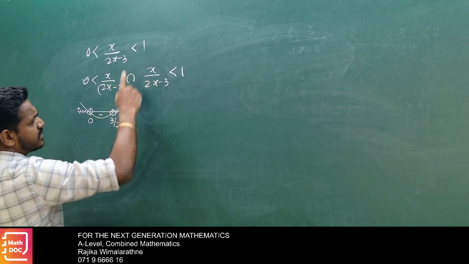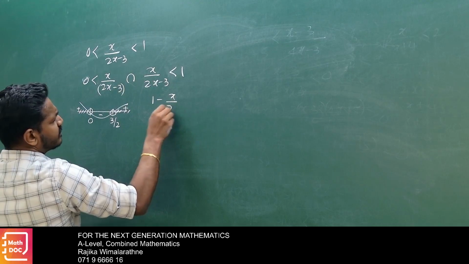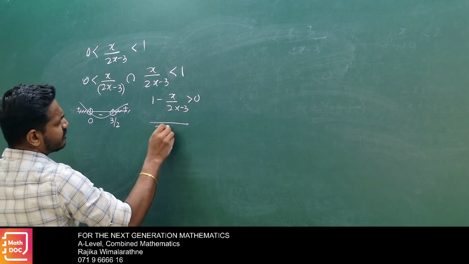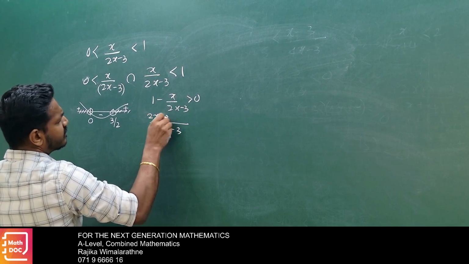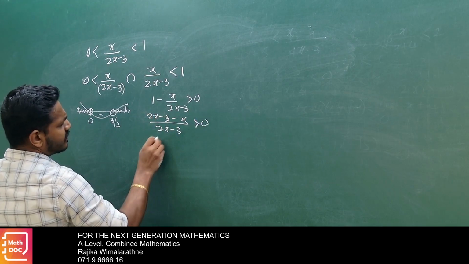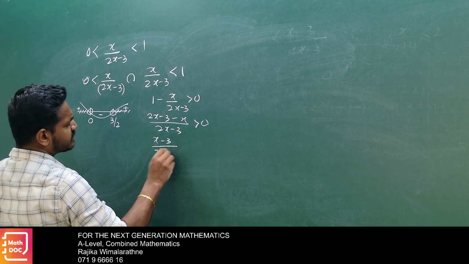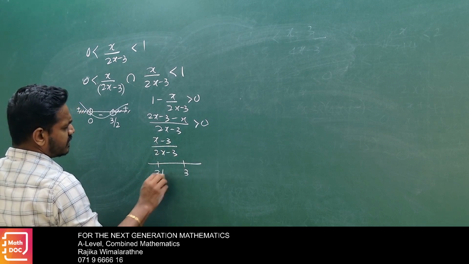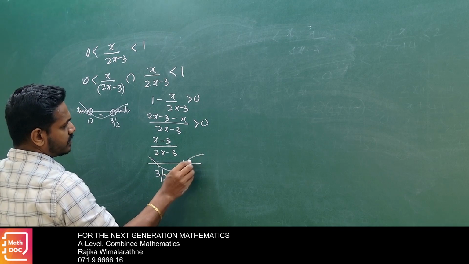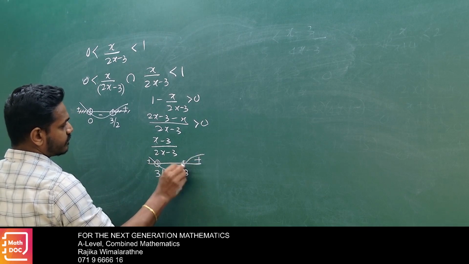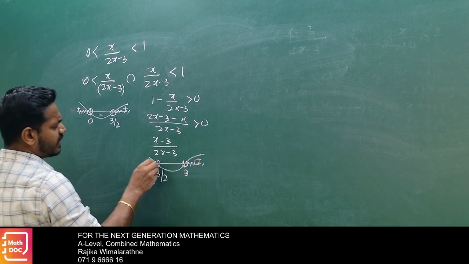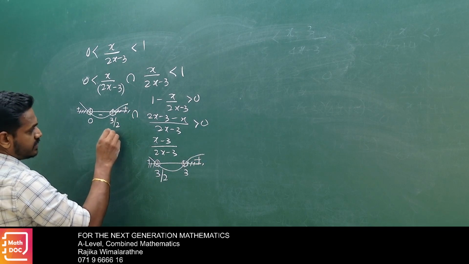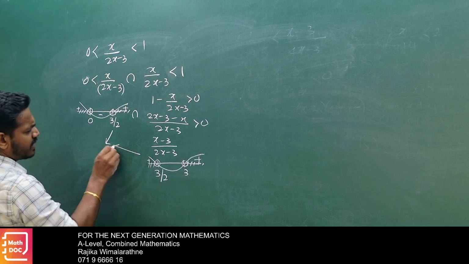For this one, take the other side. Now get a common denominator: x minus 3, 2x minus 3. Here positive region 3, 3 over 2. Here positive, positive. Then finally you have to get the common region. So mark them on the same number line.